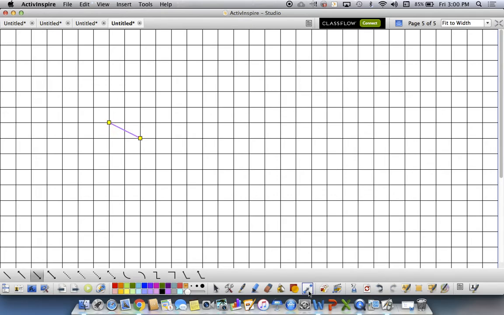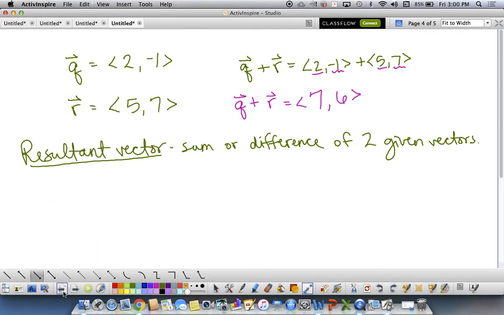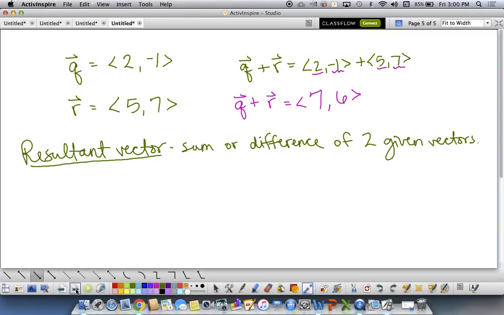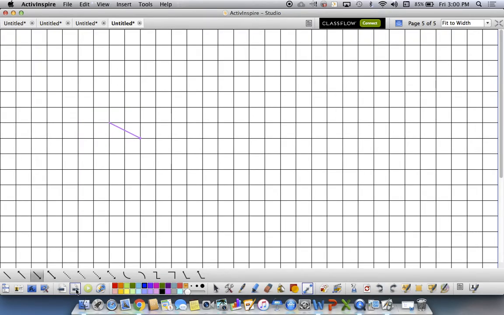Okay, there's the first vector. And then let's do the other vector, different color. And what did I say it was? Oh my goodness, I can't even remember. Sorry. 5, 7.